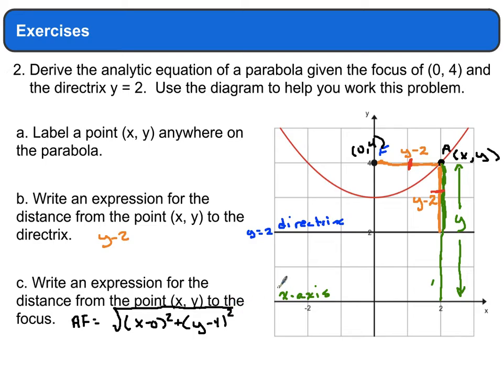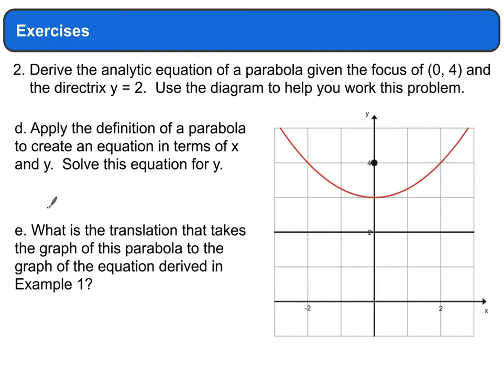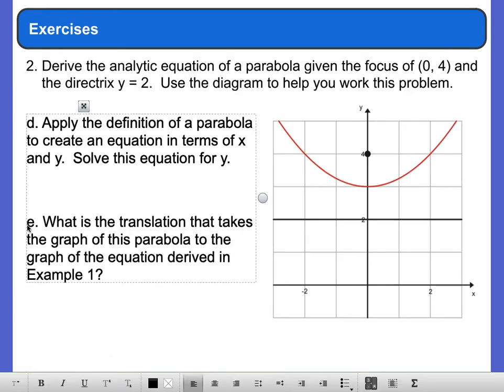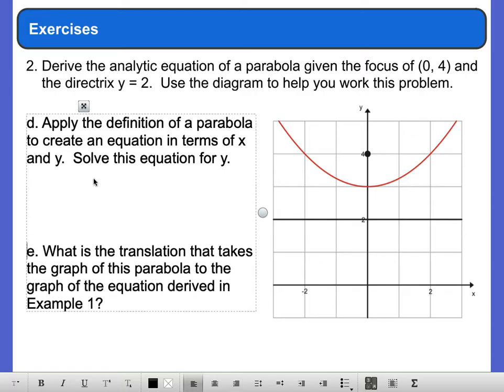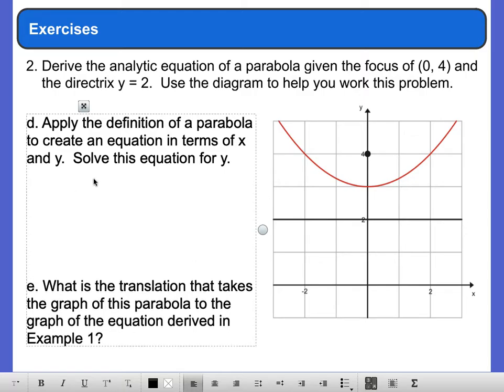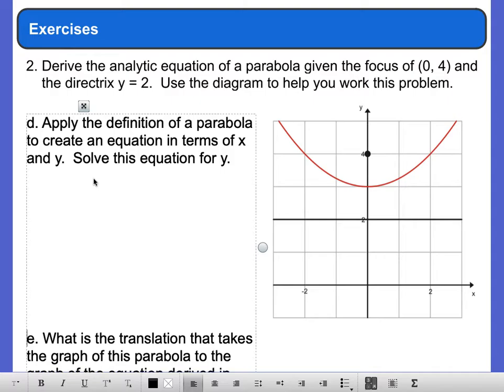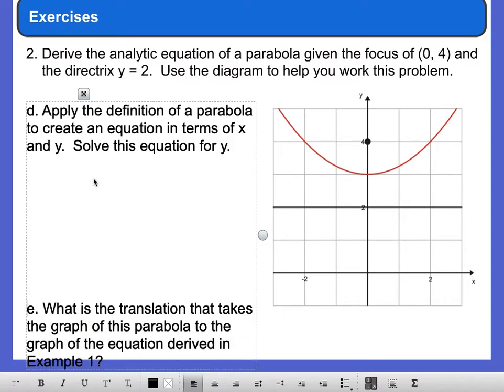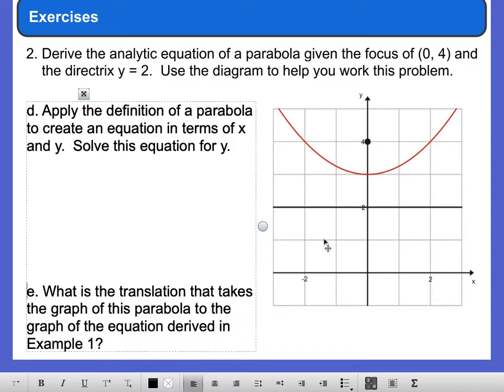So now we're going to use that knowledge and that information that we have to apply in part D, to find the equation that's going to make that work. We're going to take this off because we're not going to discuss that in any capacity whatsoever.